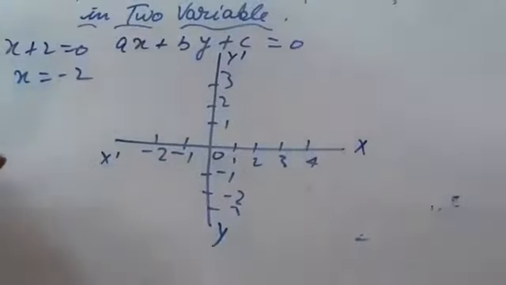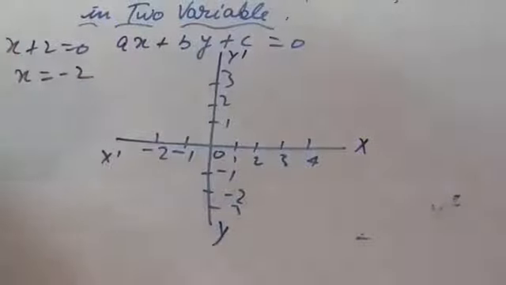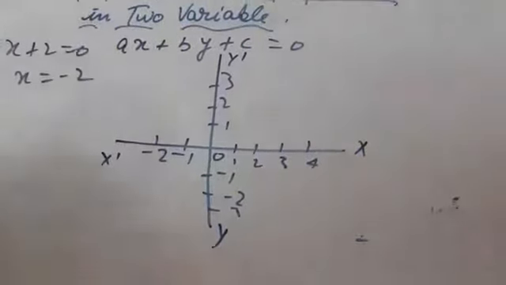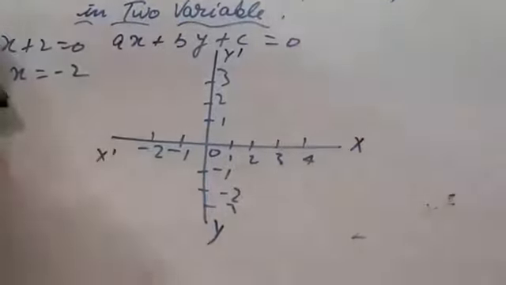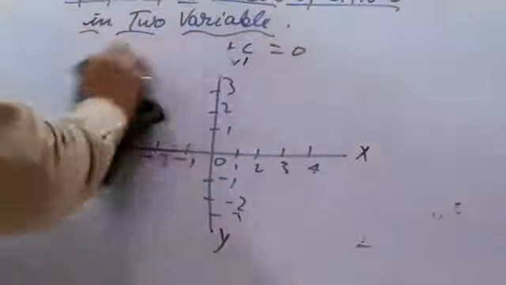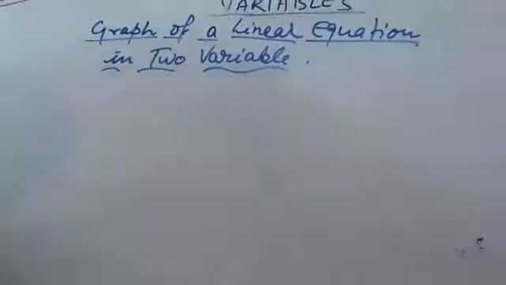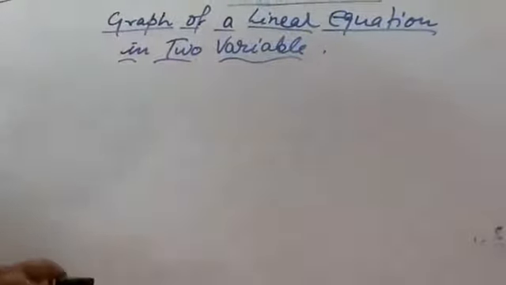Earlier it was told to you to plot the points by taking the coordinates. Now I am coming to the main part, how we find the solution graphically. For that, we need the help of the algebraic solution.